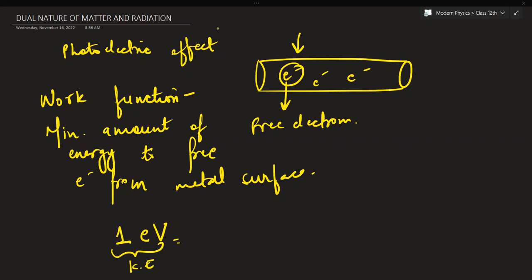Class, what is the charge on an electron? Yes. Khalid. Electronic charge.